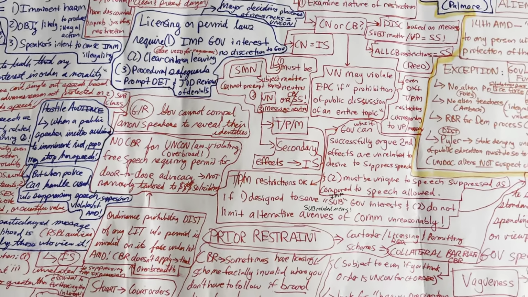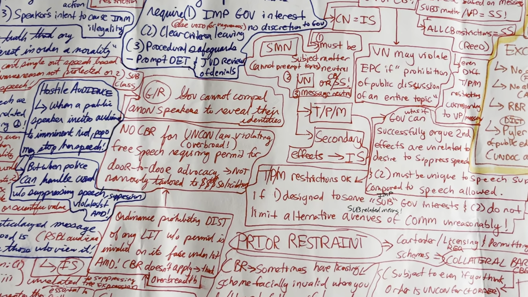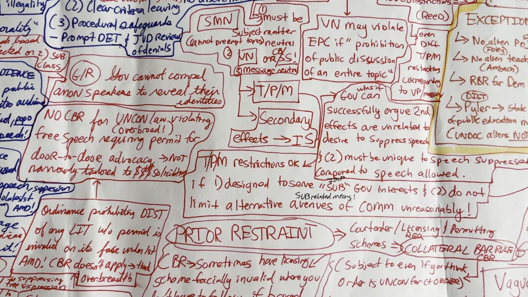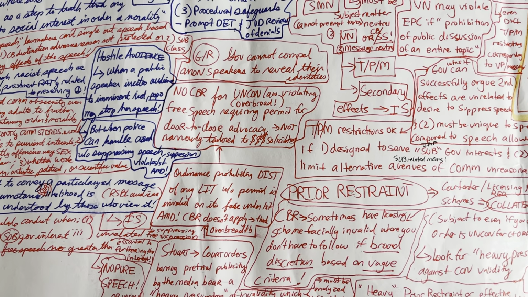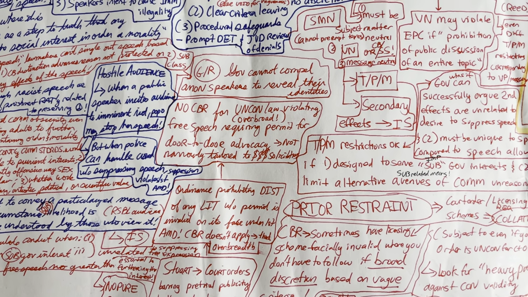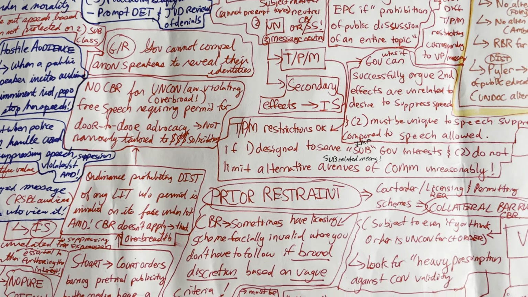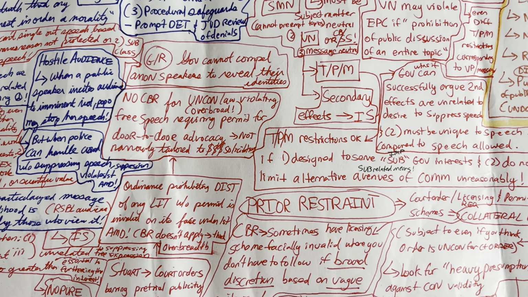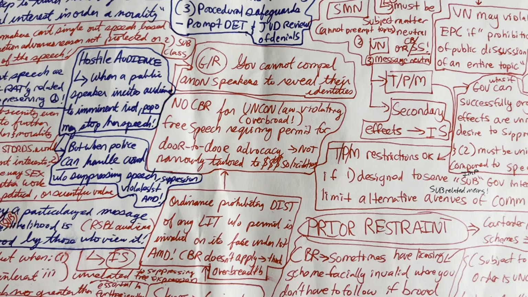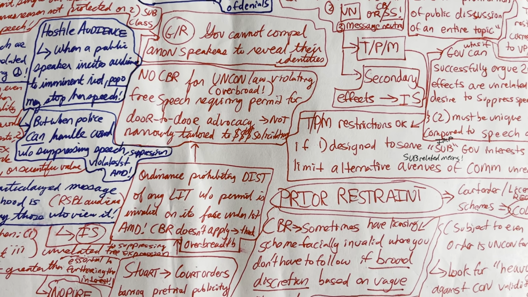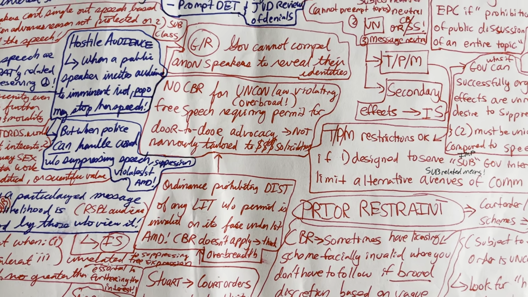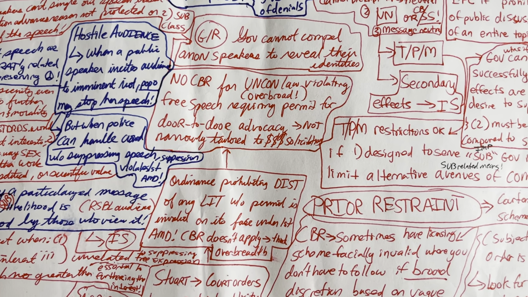And remember that the desire to suppress speech must be unique to the speech suppressed as compared to speech allowed. Also remember that time, place, manner restrictions are generally okay if they're designed to serve a substantial or important government interest and do not limit alternative avenues of communication unreasonably. That's part of the substantially related means and important for intermediate scrutiny.